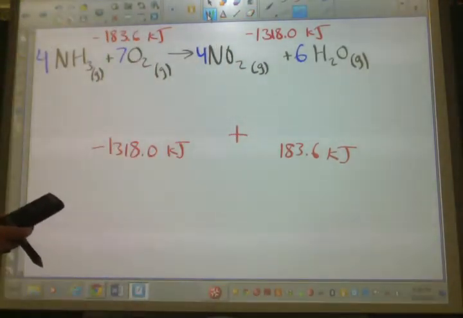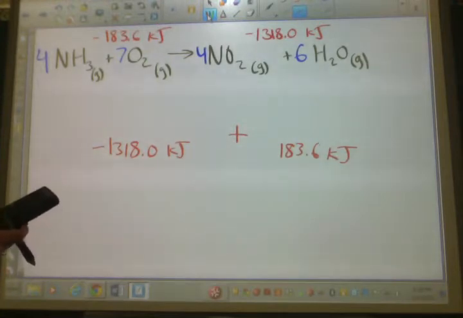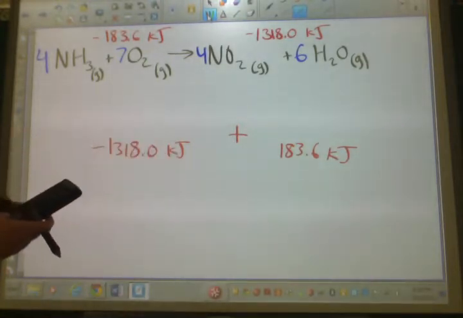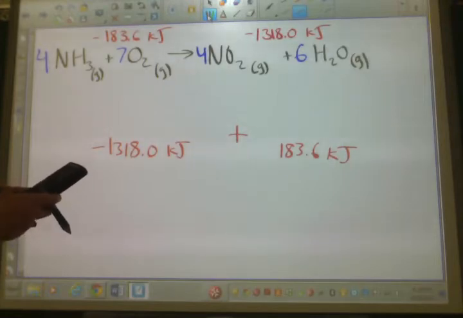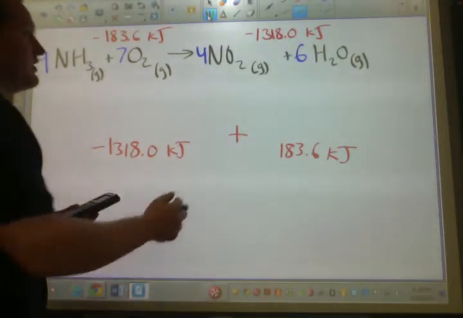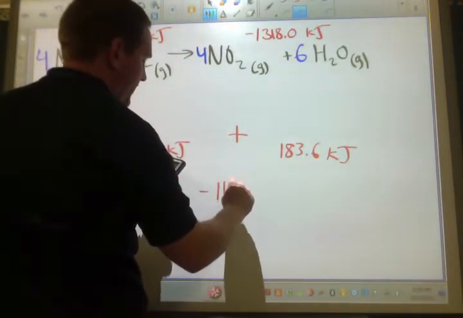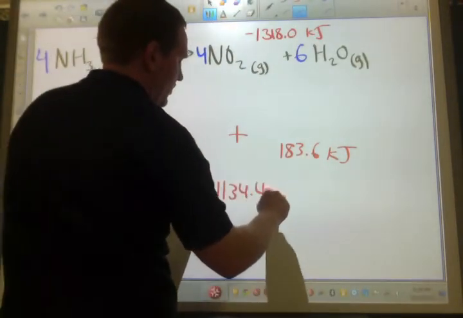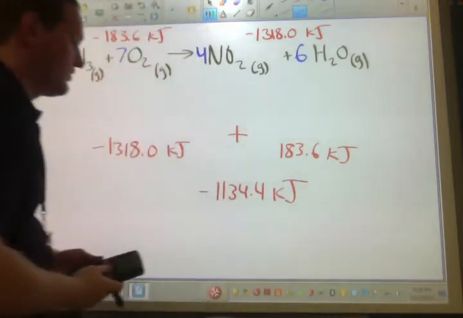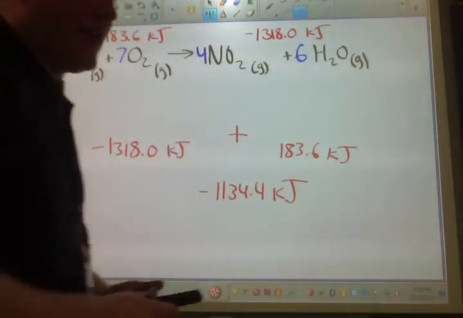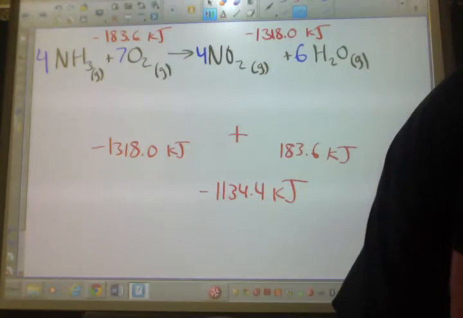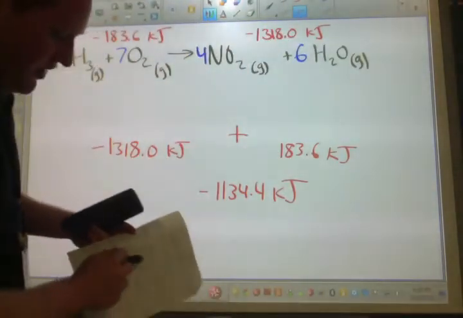Negative 1318.0, plus 183.6. We'll report one digit after the decimal point. Negative 1134.4 kilojoules as my heat of reaction. And that matches my answer key.